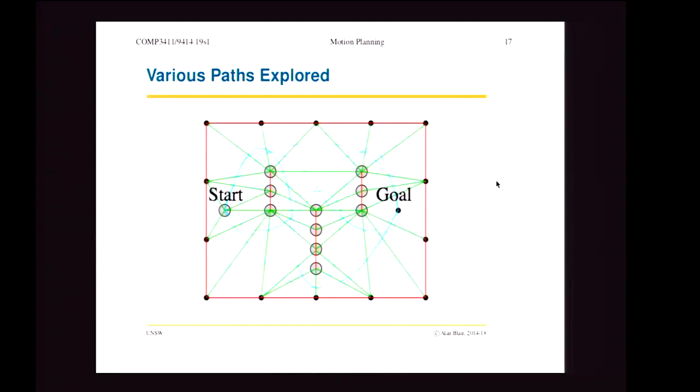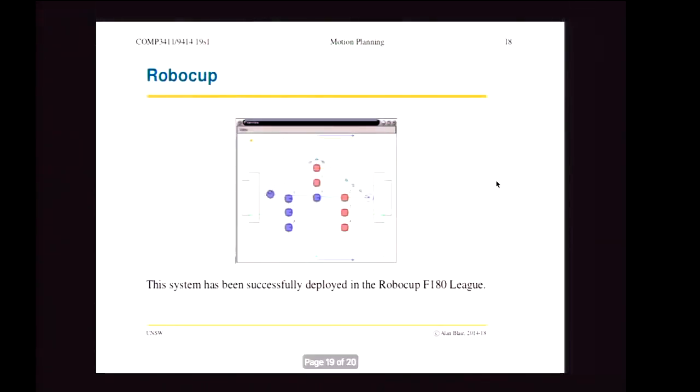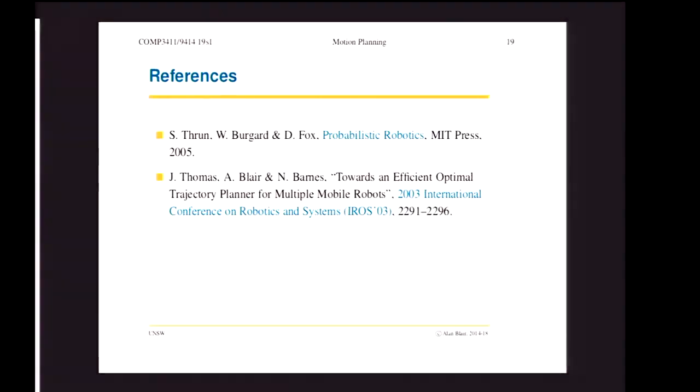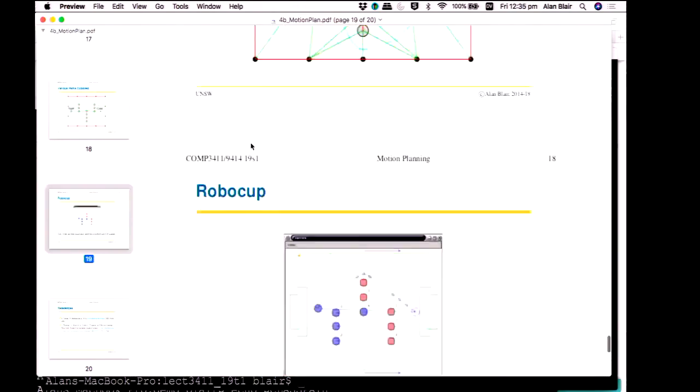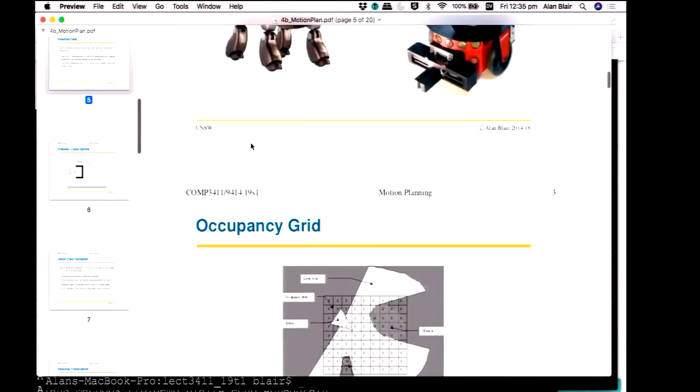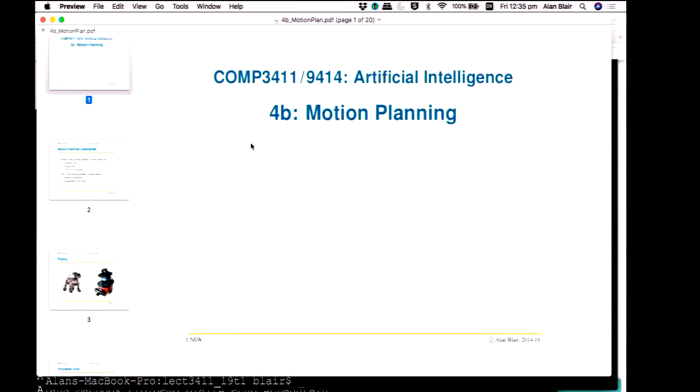And we did actually use this in the RoboCup competition. If you're interested, you can go and have a look at the details in this paper. Okay, so these details are not kind of examinable, but I just thought it'd be interesting to see this as a real system. Are there any questions about this?